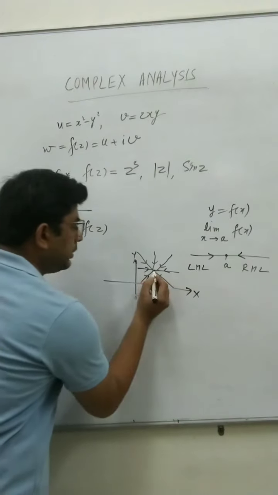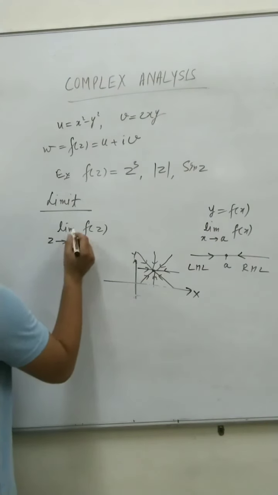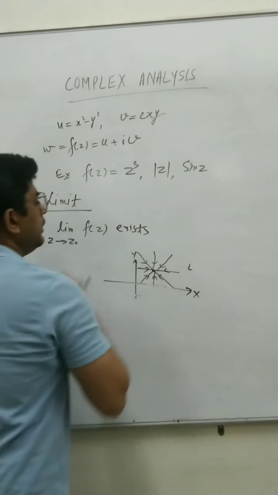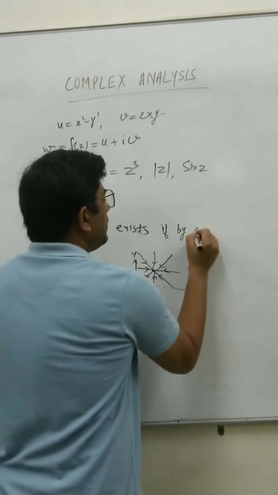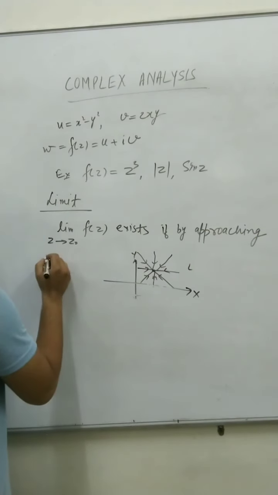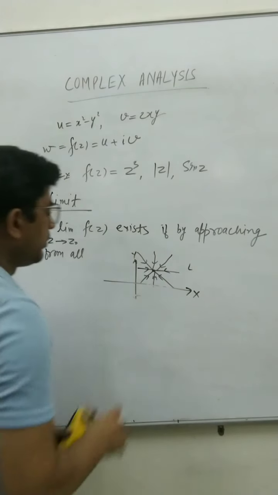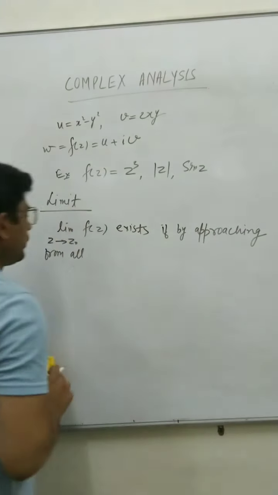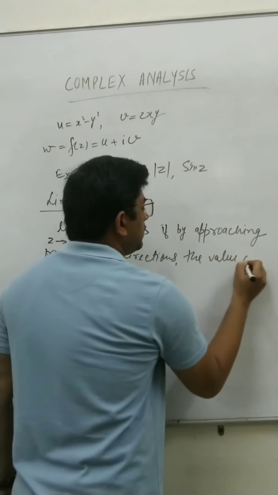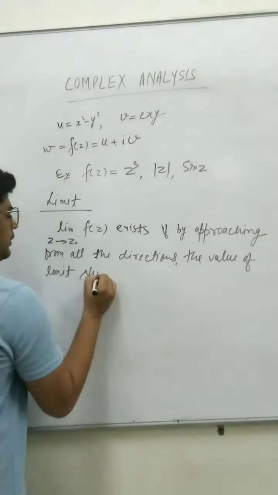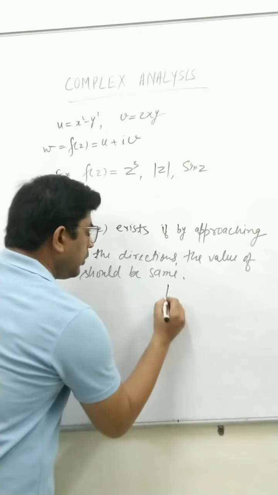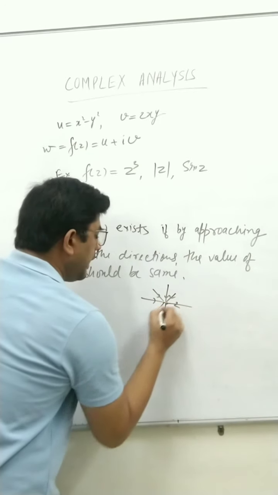So the limit as z tends to z naught of f(z) exists if, by approaching from all the directions, the value of the limit is the same.